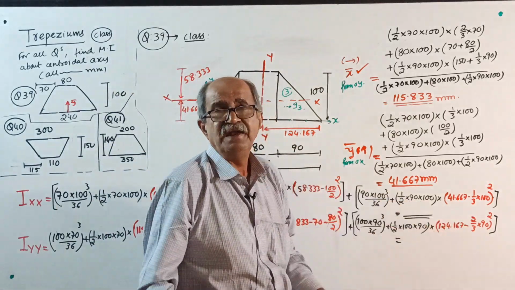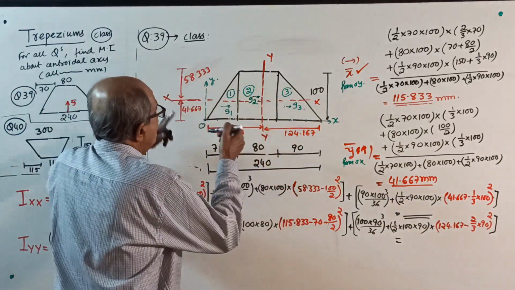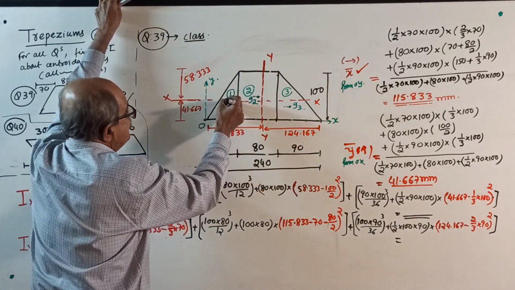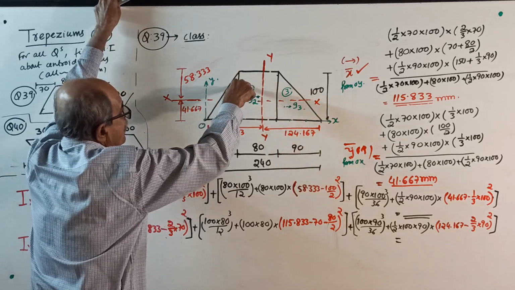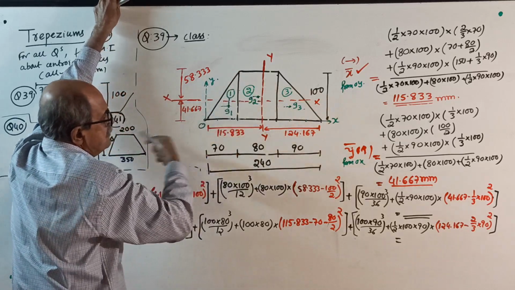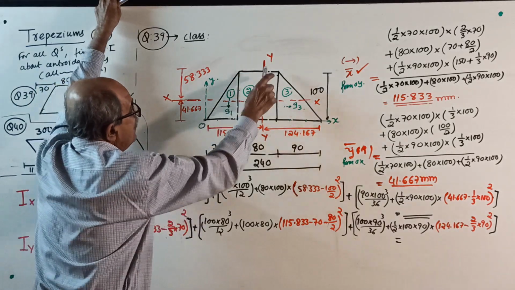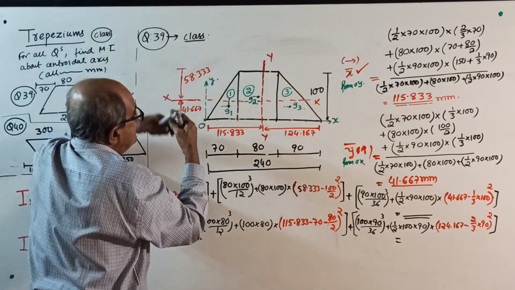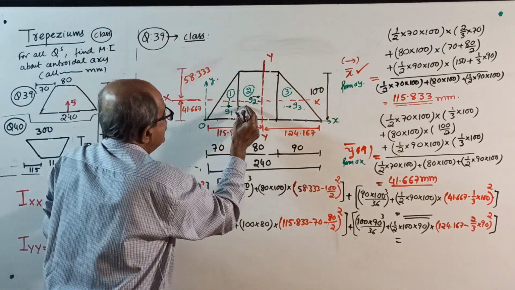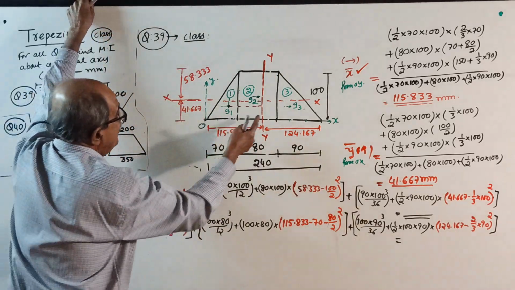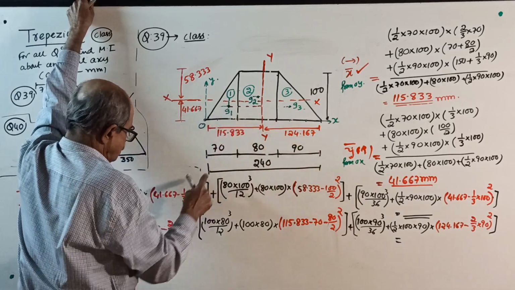Calculate the answer, enjoy it. I about YY. First, I about its own centroidal axis. See here: 100 into 70 cube by 36 plus area into the distance from the centroid to YY, this distance square, that is 115.833 minus 2/3 of 70.